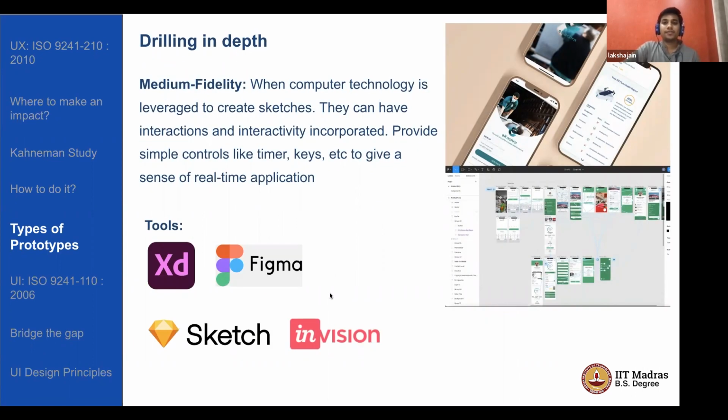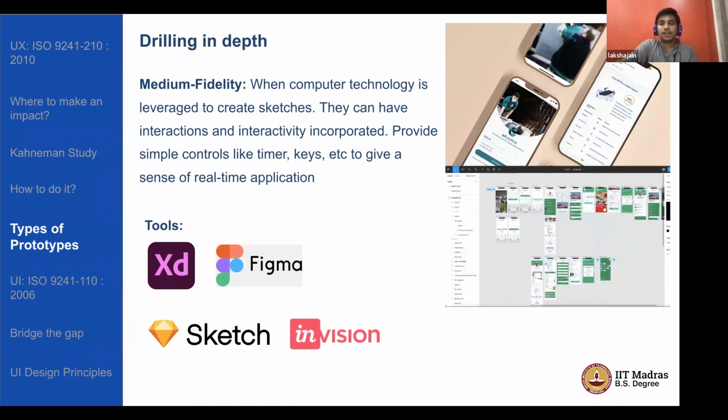Coming on to the next type of fidelity, which is the medium fidelity prototype. Whenever we use a computer based technology or tool to create a prototype, we call it a medium fidelity prototype. They can have interactions, but there is no actual data flowing across various levels of a prototype.